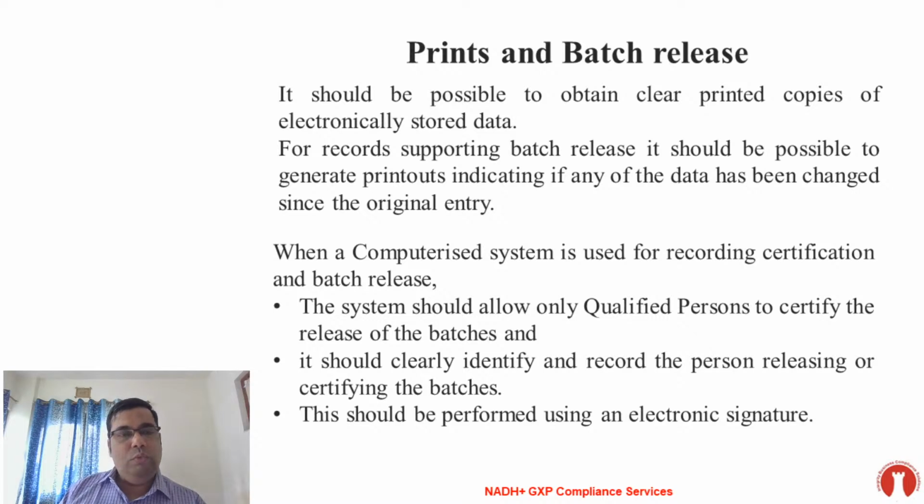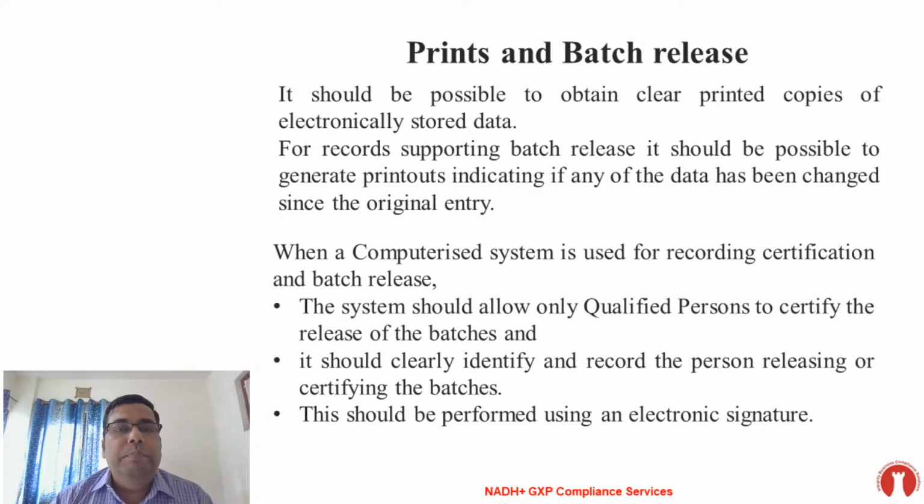In-process release was done by QC, quality control, and finished product release was done by quality assurance. But the problem is they had only one license. So the same user ID was used by QC for release of the in-process and by QA for release of the finished product. That means the system was not allowing only the QP to certify the release of the finished product batch.